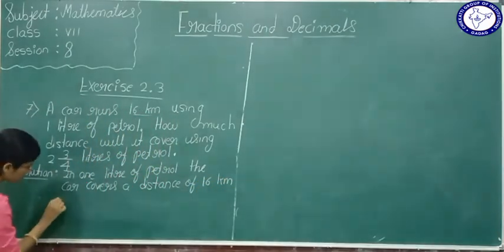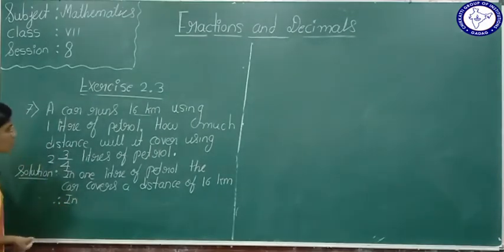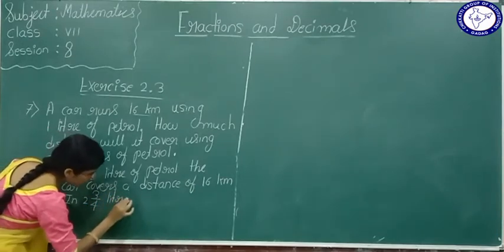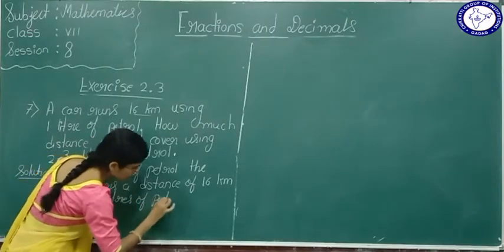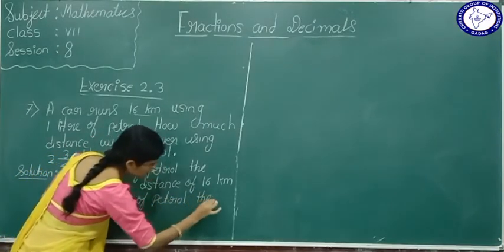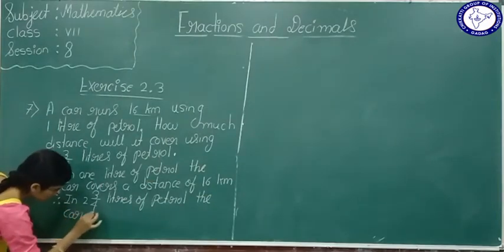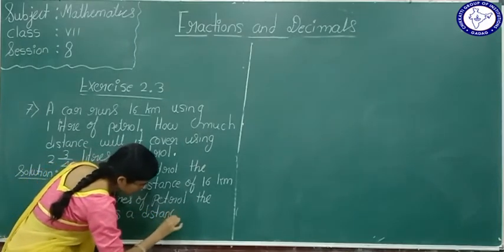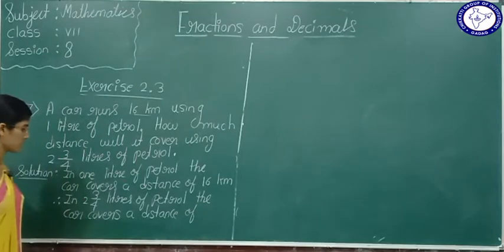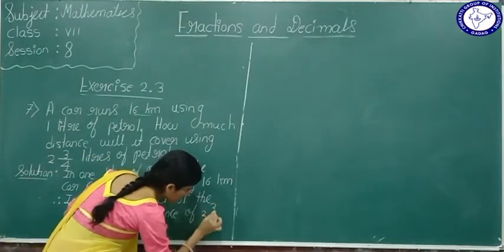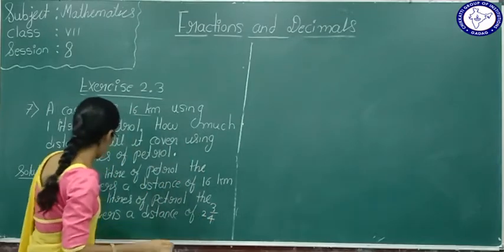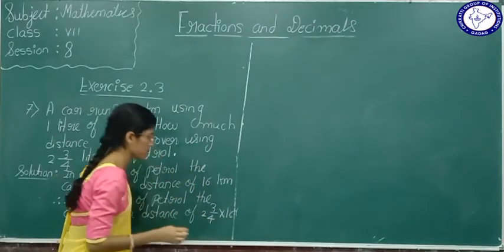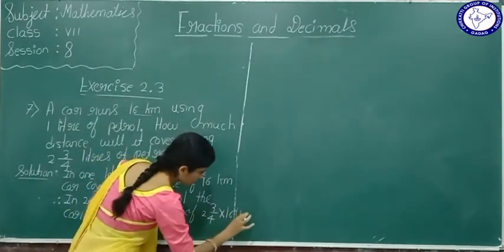Therefore, in 2 integer 3/4 liters of petrol, the car covers a distance of 2 integer 3/4 multiplied by 16 kilometer. Yes or no?